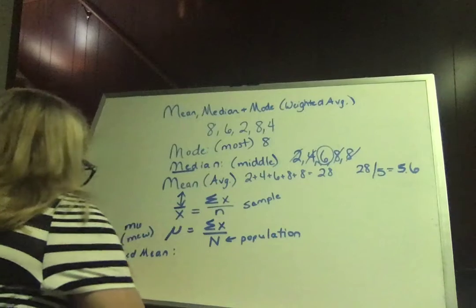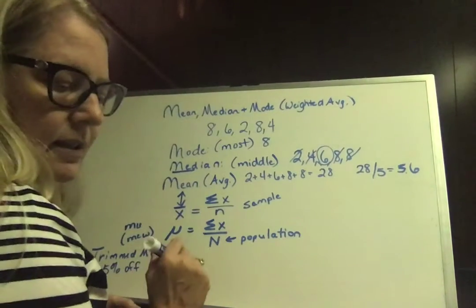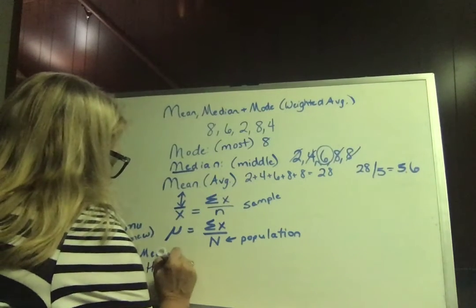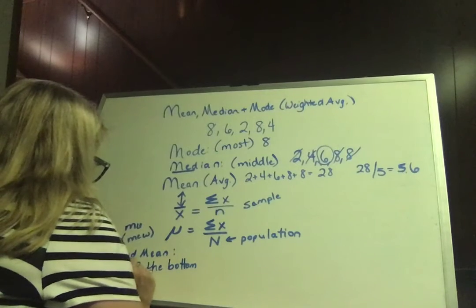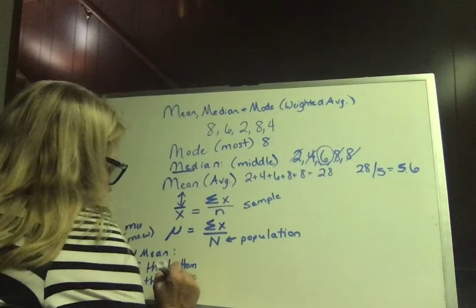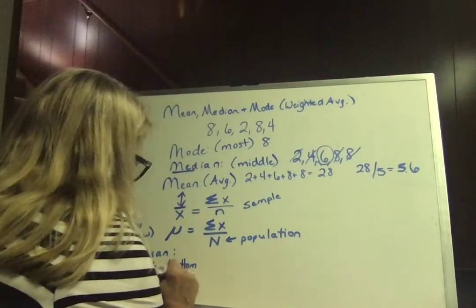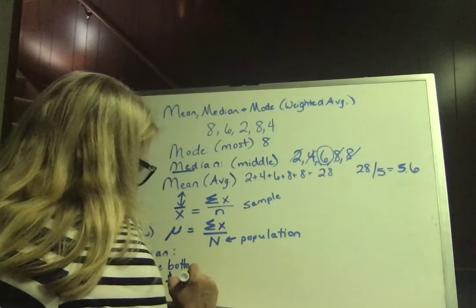Generally, they take off 5% off the bottom and 5% off the top. So if there's a long list, you take 5% and you round to whole numbers, like you'd take off maybe 1 or 2 off of both.